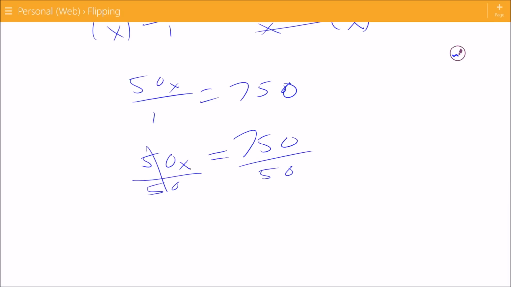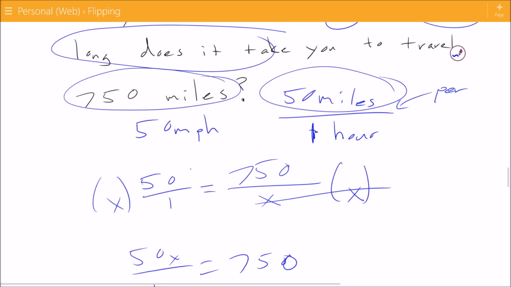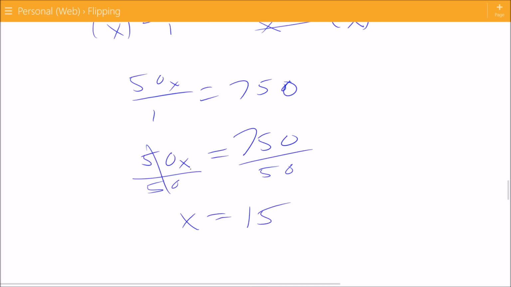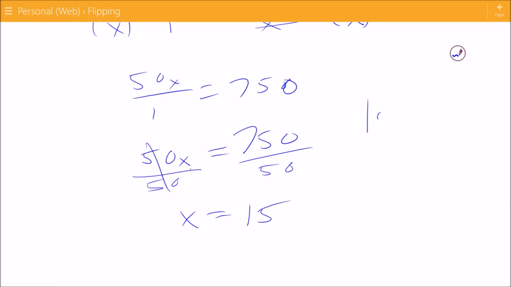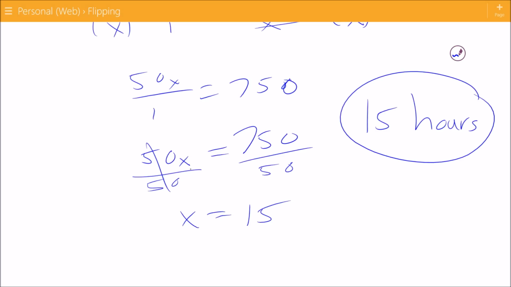I'm left with x equals 750 divided by 50. What do I have? 15, thank you. X equals 15, so the final answer would be, since we said that X is hours, that's how much time you are taking, 15 hours would be your final answer.